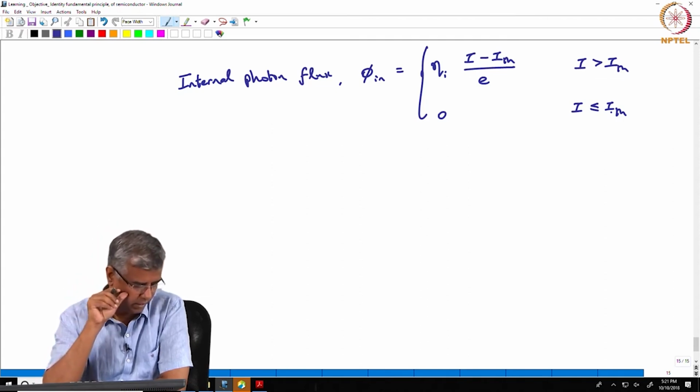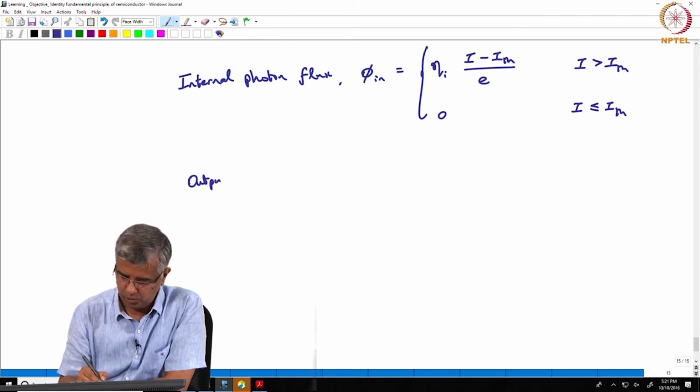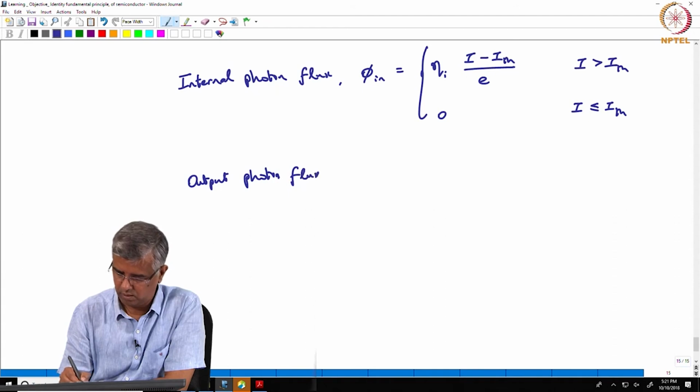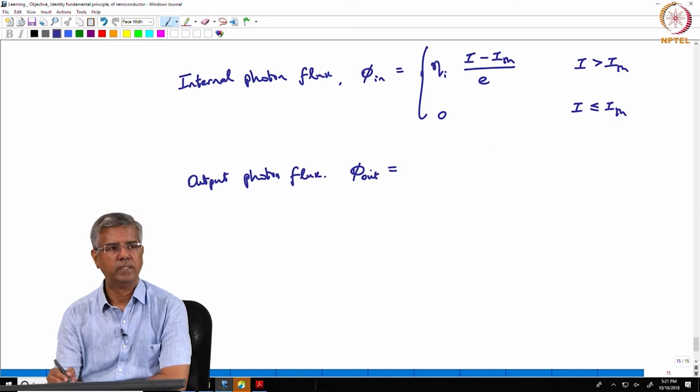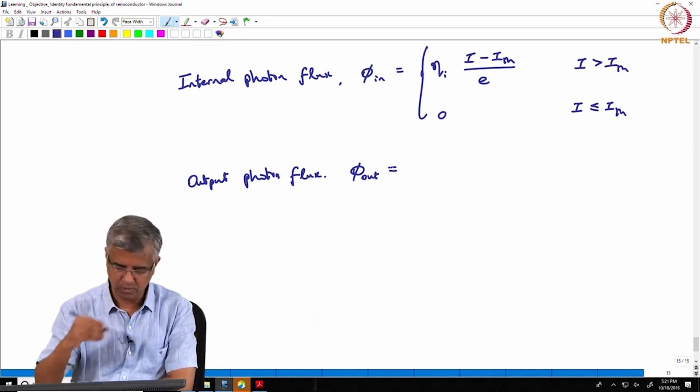Okay. And if that is the case, then you can say that the output photon flux, phi out, that is got to be some factor of the input photon flux. What is that factor?